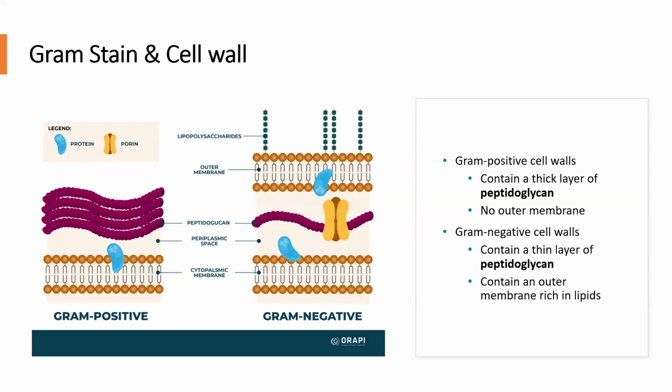And so to kind of get this, we've got to think about our cell wall structure. In the cell wall lecture, you learned that the peptidoglycan of gram-positive cells is thick, and the peptidoglycan of the gram-negative cell walls is thin, and they have that outer membrane, right?